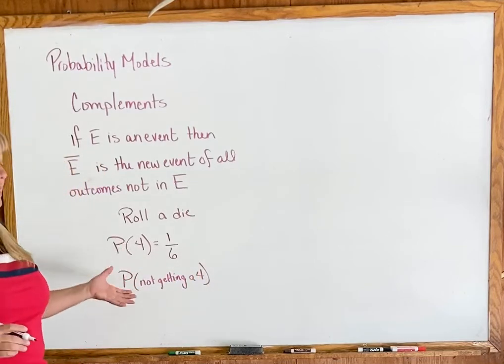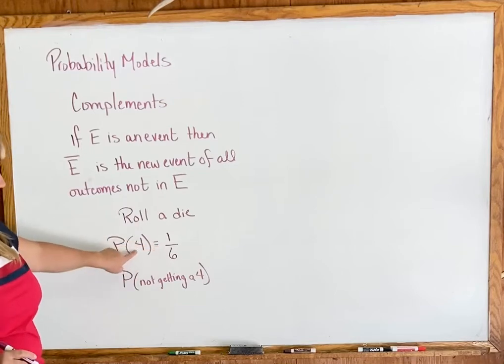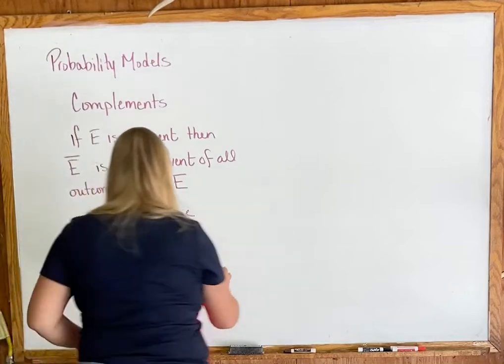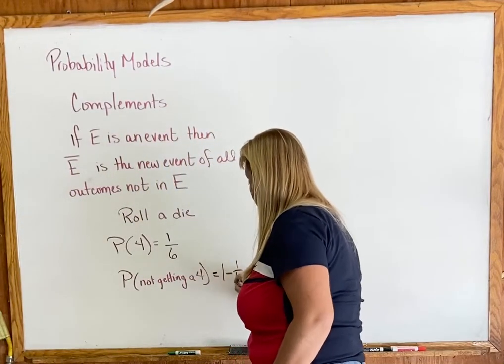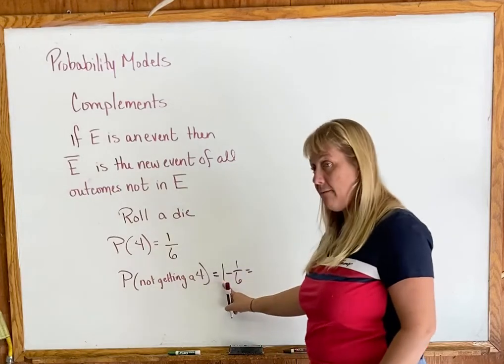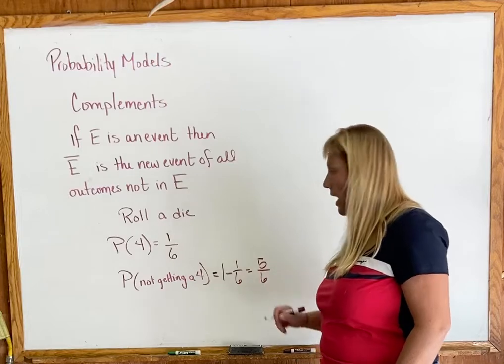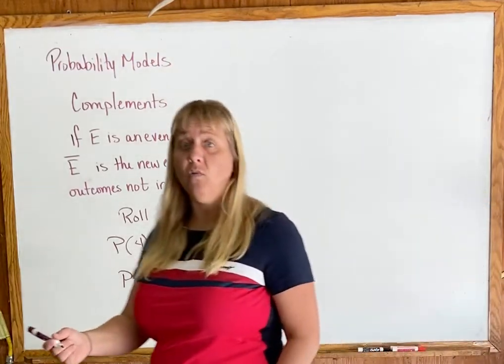Now, the easiest way to do this is to say, if 1/6 of the time you get a 4, then how often would you not get a 4? And like I said, the easiest way would be 1 minus 1/6. Take the whole set, take away what you don't want, and that will give you 5/6. The other way to do this would be to list out the different options.